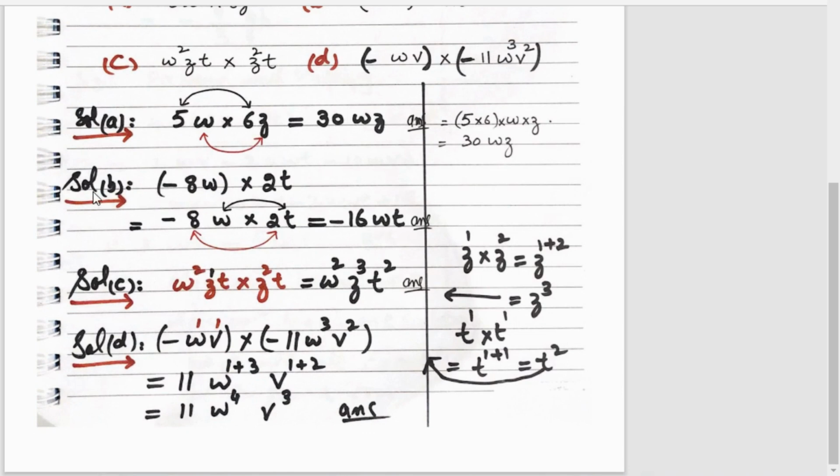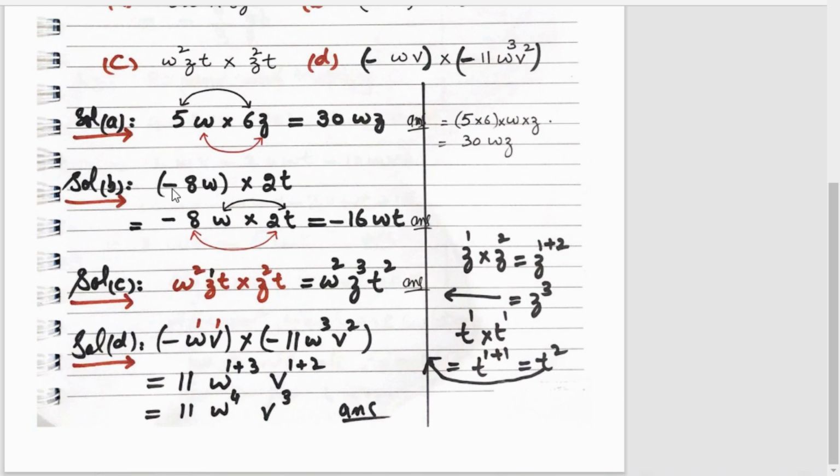Now come to part 2 or part B. Minus 8W is inside the bracket just to make the minus sign prominent, multiplied by 2T. Similarly, we will do the same process. We will bring this term out, minus 8W, without any process, because nothing is written outside the bracket.